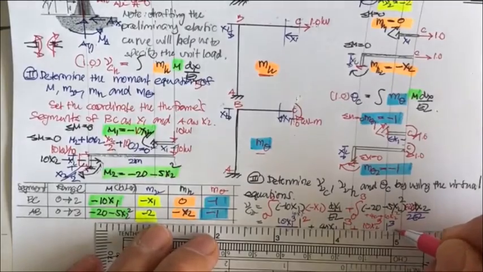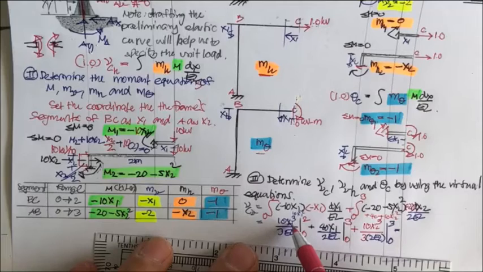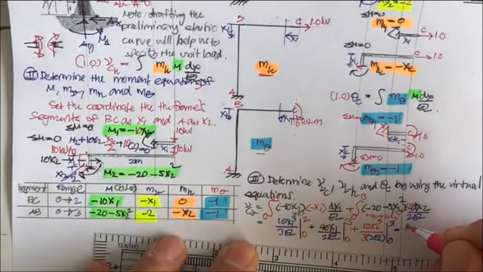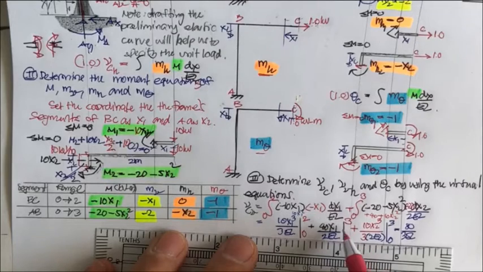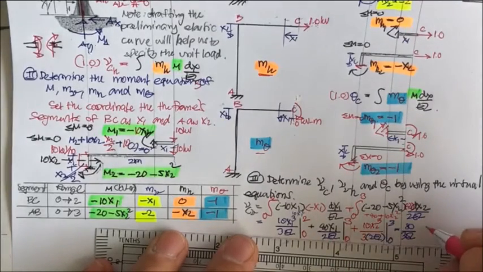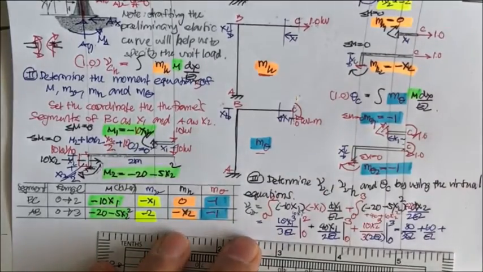And then this is going to be equal to, like, the first one is 2 power 3 is 8. So this is 8 divided by 3EI. The next one is going to be 120, and then 120 divided by 2, that is going to be plus 60 divided by EI. And the last one is this one. Cut this one into 5.